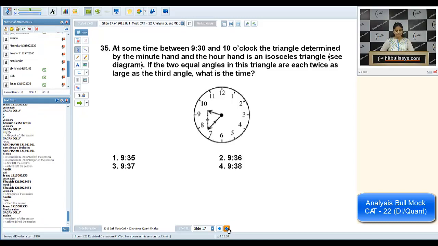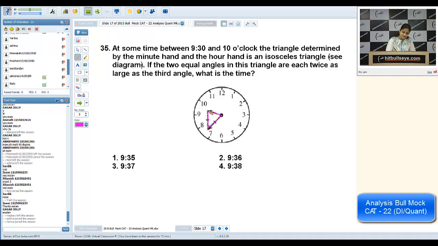At some time between 9:30 and 10 o'clock, the triangle determined by the minute hand and the hour hand is an isosceles triangle. It means this triangle is isosceles, where these two sides are same. That is mentioned in the figure only.